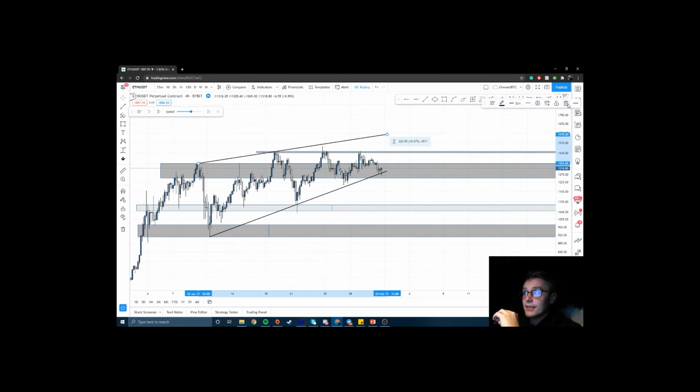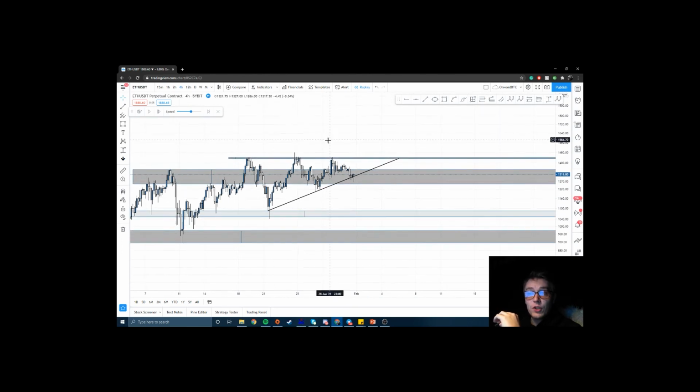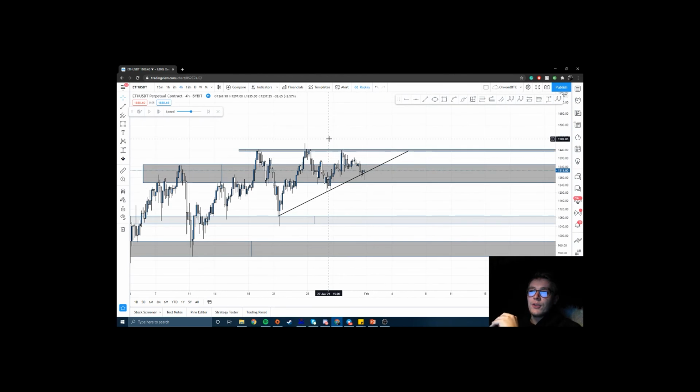However, this diagonal here now has confluence between 3 points. And what do we have here? 3 bottoms to accompany those 3 tops. So what is this forming? An ascending triangle.